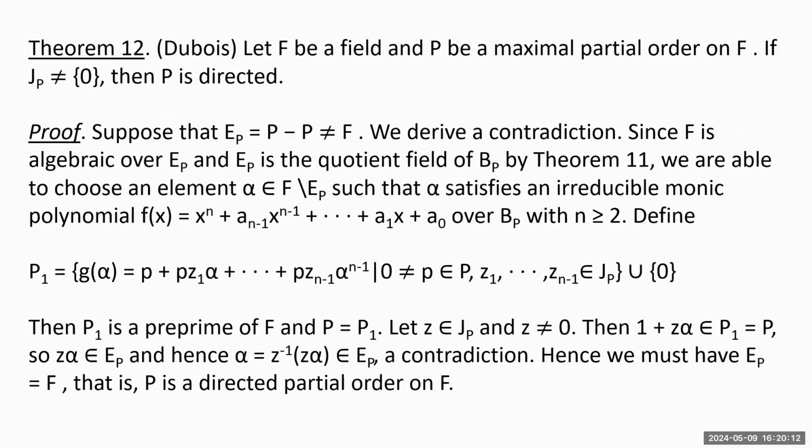So we can pick an element alpha in F, not in E_P, because it's algebraic. Then this alpha will satisfy an irreducible polynomial, because also E_P is a quotient field.